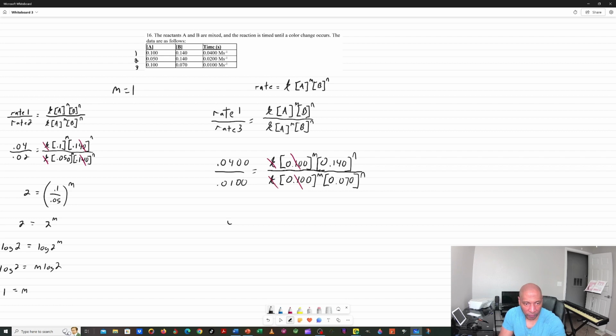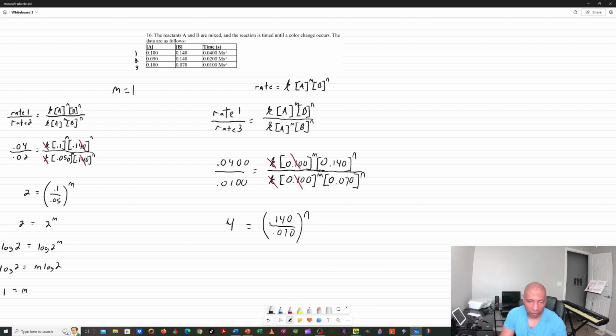I'm going to have 4, because 0.04 divided by 0.01 is equal to 4, is equal to 0.140 divided by 0.070 raised to the n power.